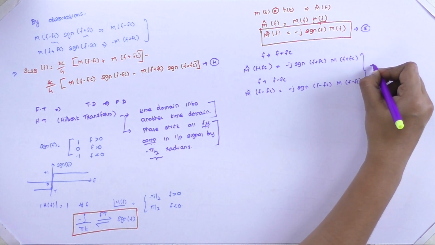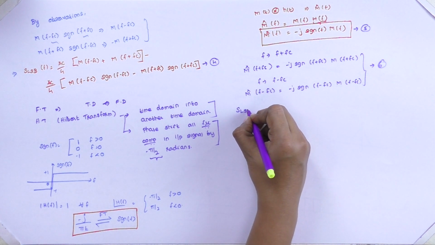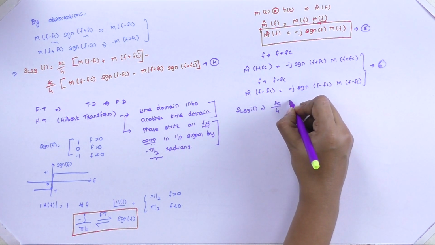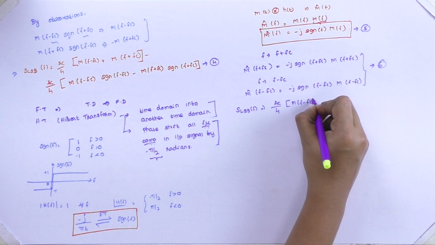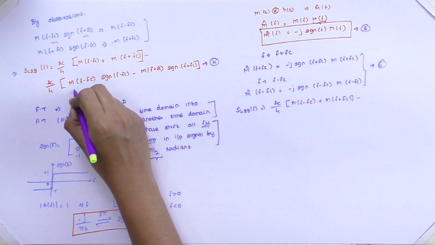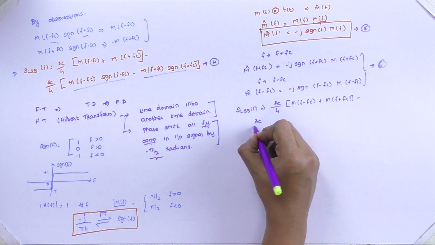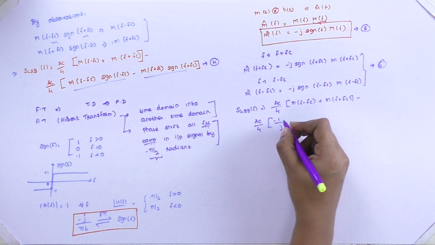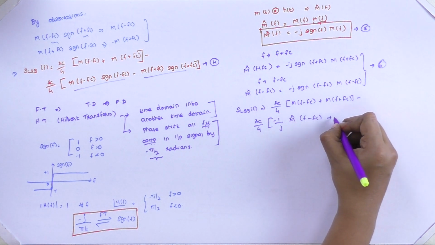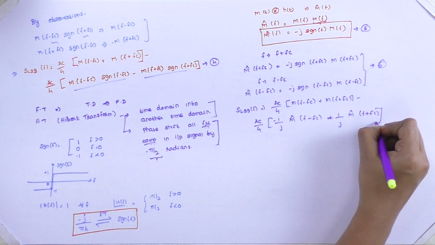Therefore, we will substitute these two results in equation number 4. LSB of f will become AC by 4 m of f minus fc. The first two terms we are taking as such, and the remaining two terms will be replaced by minus AC by 4 into minus 1 by j m cap of f minus fc plus 1 by j m cap of f plus fc.